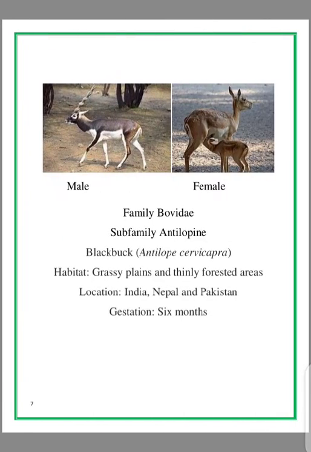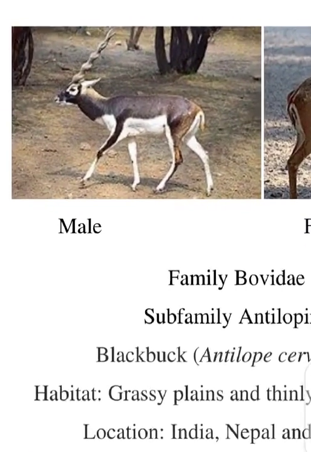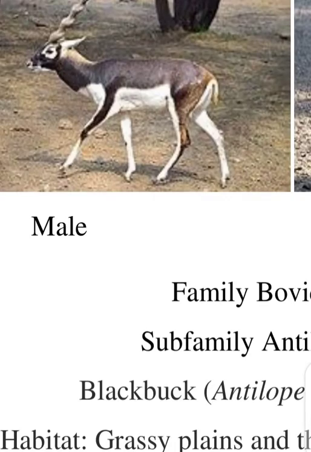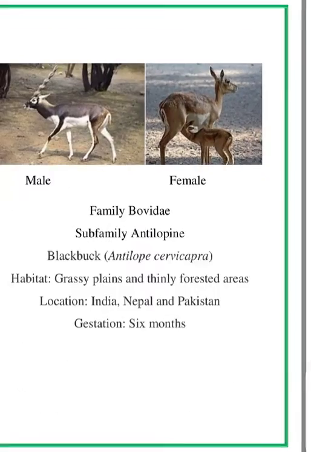Now the next one is the blackbuck, Antilope cervicapra. It lives in grassy plains and light forest areas located in India, Nepal, and Pakistan with a gestation period of 6 months. You can see the male is blackish and the female is not so blackish.